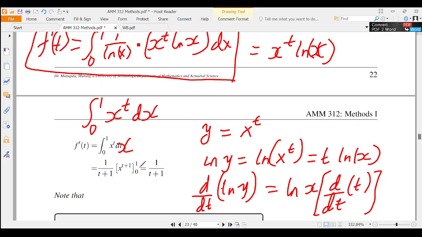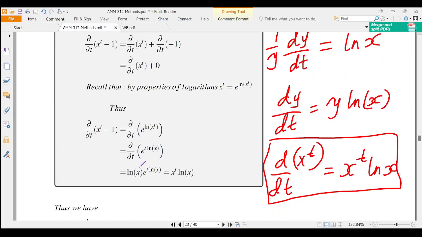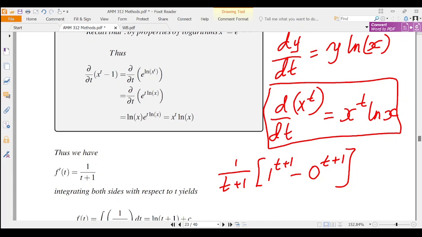So we have 1 over t plus 1, times 1 raised to power t plus 1 minus 0 raised to power t plus 1, which is 1 minus 0. So we end up with 1 over t plus 1. So in this case, f prime of t is this.